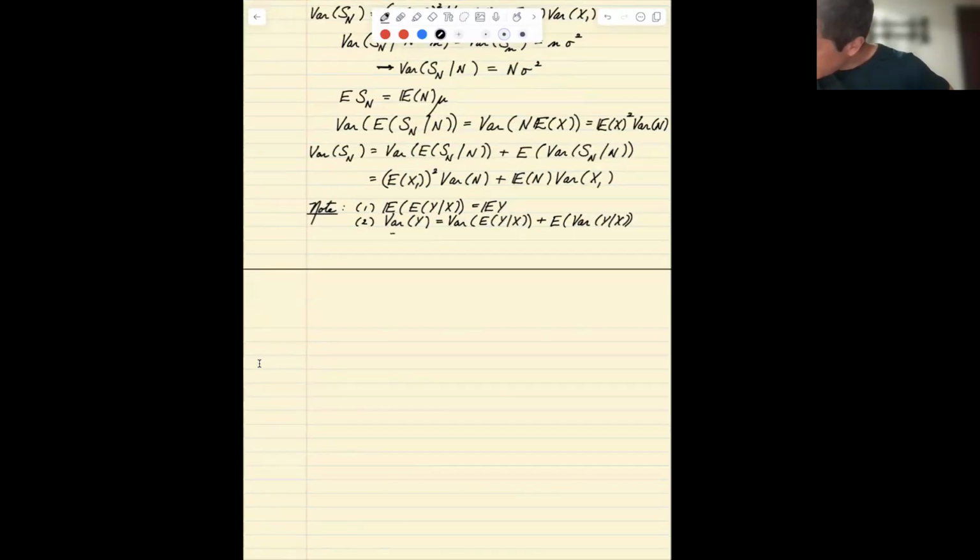Well, the way that we show that is variance of Y is expectation of Y squared minus the square of the expectation. This is, by the Tower property, expectation of the conditional expectation of Y squared given X. Use the Tower property twice.